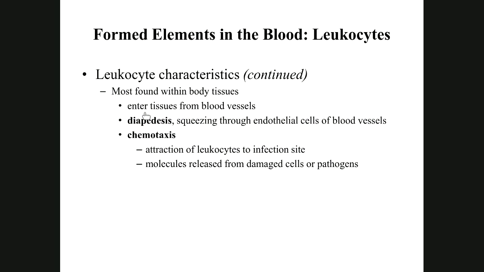They can enter tissues from any blood vessel. Usually we keep our reds in at our capillaries, but the whites have the option to go in or out wherever they want. So diapedesis is that ability to move through a blood vessel in order to get in and out wherever they want to.